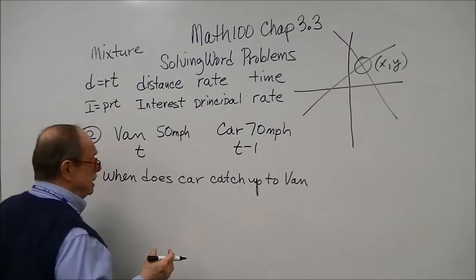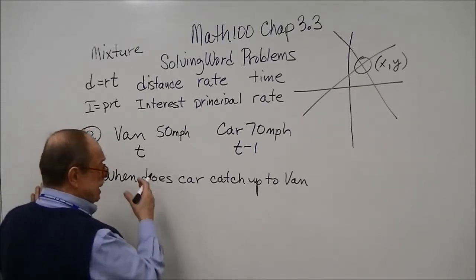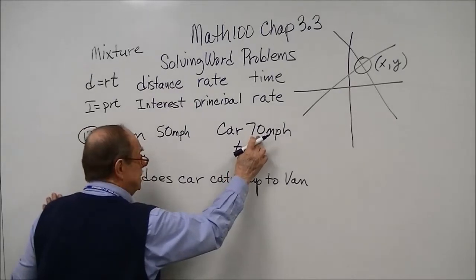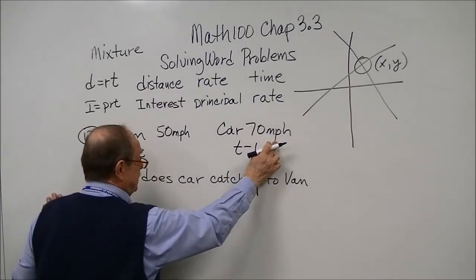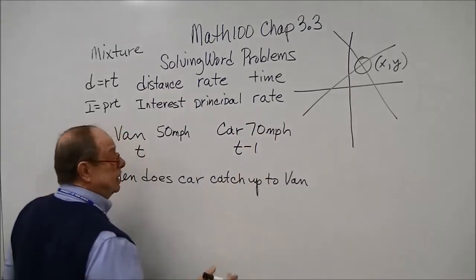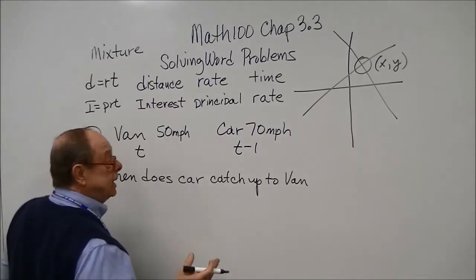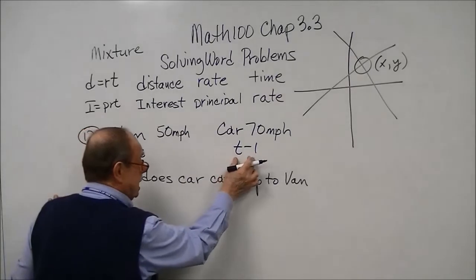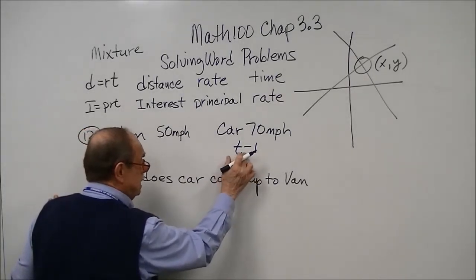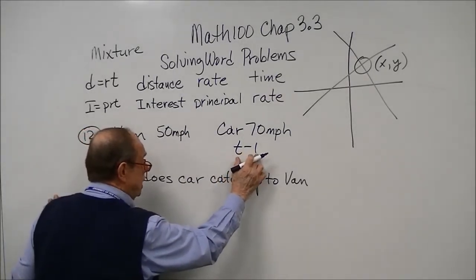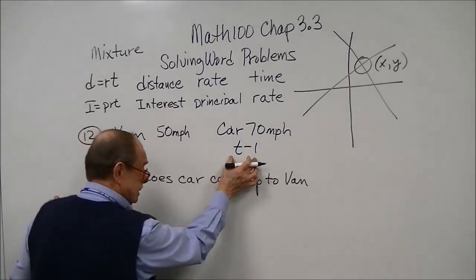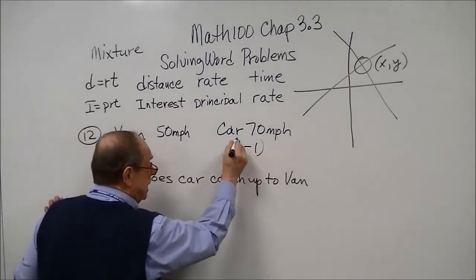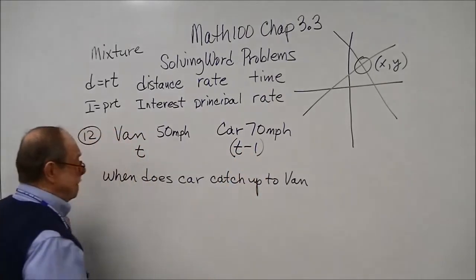Now a car gets on the highway, the same highway as the van, but it travels at 70 miles per hour. But it's leaving 1 hour later than the van. So its time is going to be t minus 1. That is, its time here less 1 hour. So this is the time for the car.